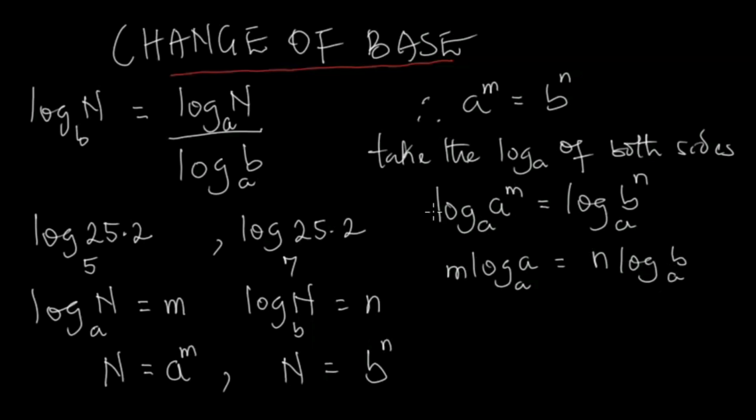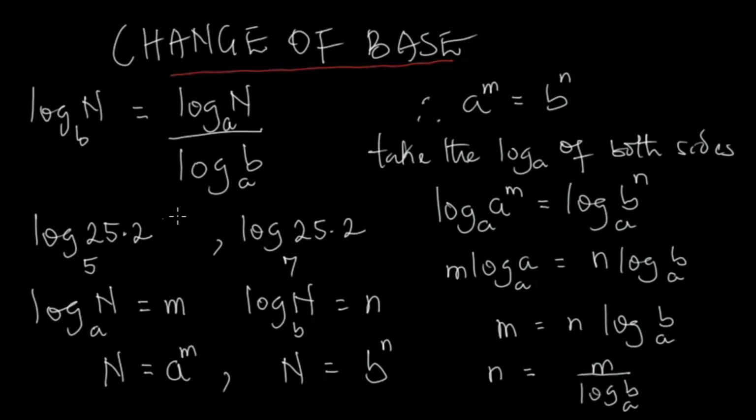The power becomes the coefficient, and also log a base a is 1. So m will be equal to n log b base a. Making n the subject of the formula, n will be equal to m over log b base a.